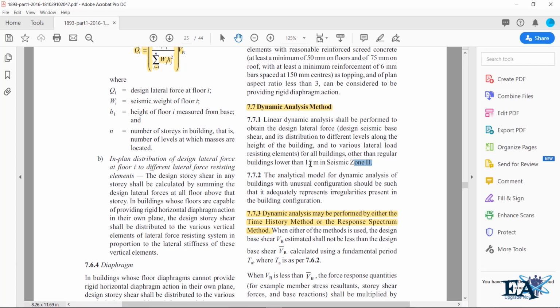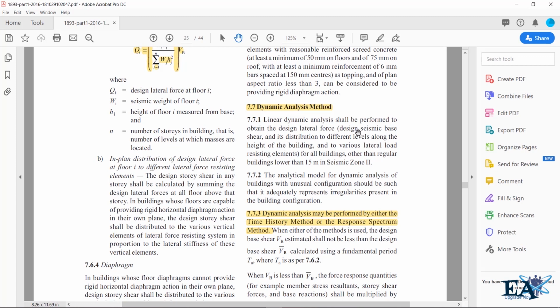So if in zone 5 a building of 3 meter or a single story building exists, you have to do the dynamic analysis method. So linear dynamic analysis shall be performed to obtain the design lateral force, design seismic base shear and its distribution to the different levels along the height of the building.